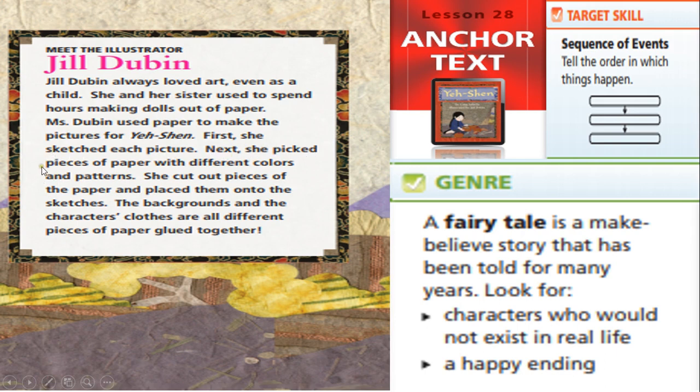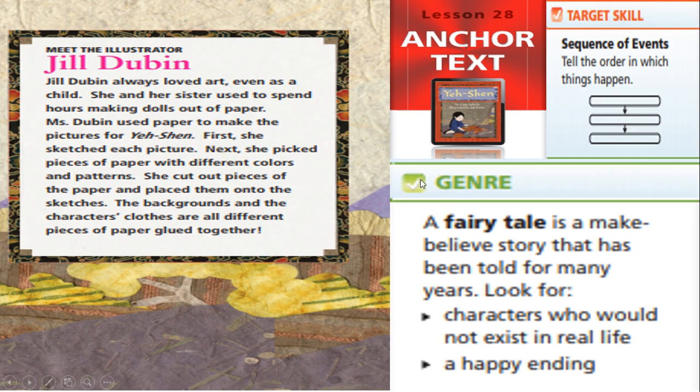Next, she picked pieces of paper with different colors and patterns. She cut out pieces of the paper and placed them onto the sketches. The backgrounds and the characters' clothes are all different pieces of paper glued together. Nice. Also notice that they have used a lot of sequencing words like first and next.